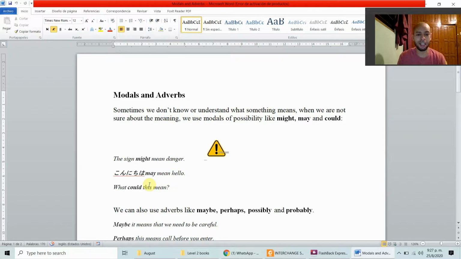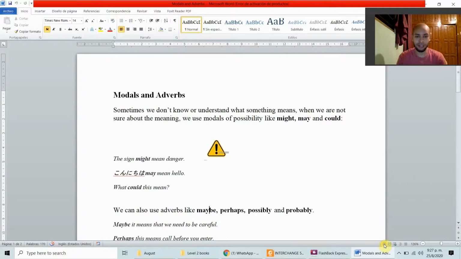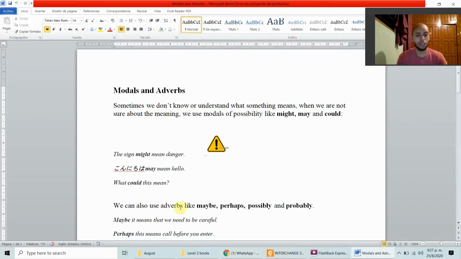I don't know much about sign languages, but those are the situations where we can use these words.